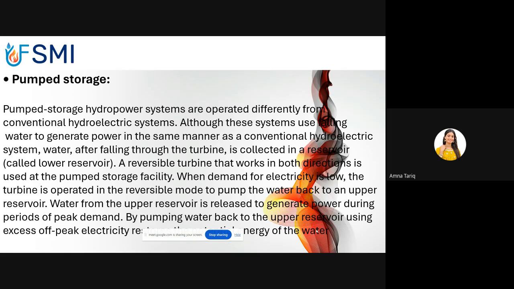When demand for electricity is low, the turbine is operated in reversible mode to pump the water back to an upper reservoir. Water from the upper reservoir is released to generate power during periods of peak demand. By pumping water back to the upper reservoir using excess off-peak electricity, we also generate power.